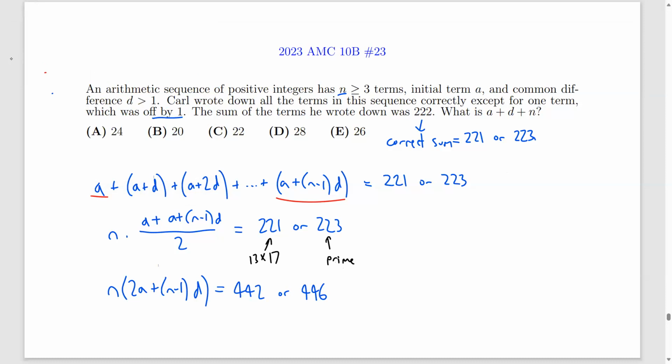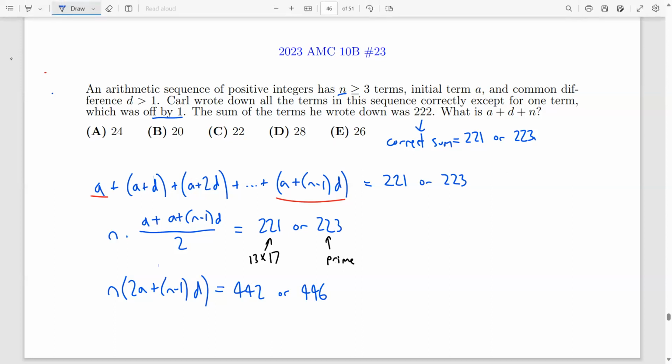So we can actually show that 446 is impossible. In order to show this, we know that 446 is 2 times 223. And because n cannot equal 2, n must equal 223. But obviously it's impossible to have 223 terms, positive integers, that sum to 223.